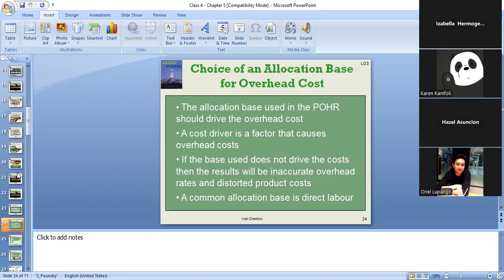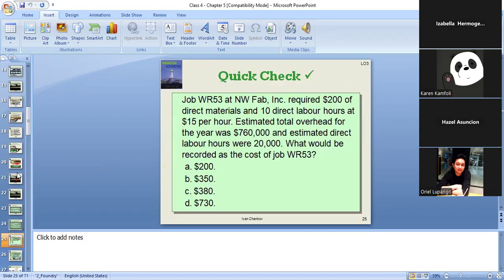And the cost driver is the factor that's causing the overhead. If the base used does not drive the actual cost, then you're not going to have accurate product cost. For that reason, the common allocation base is direct labor. Why? Because direct labor is usually everywhere.